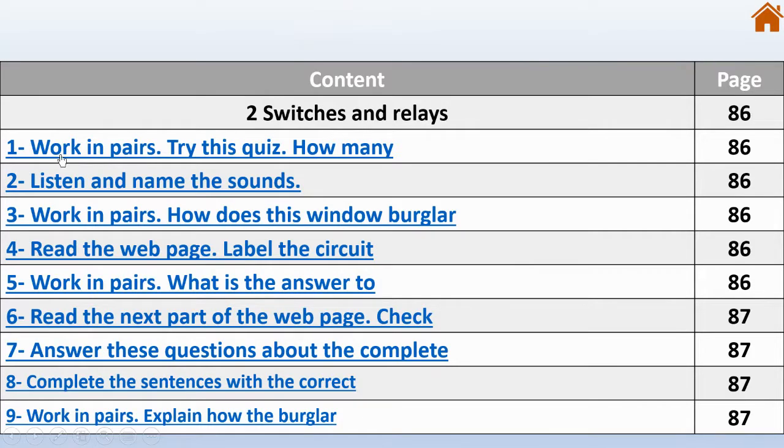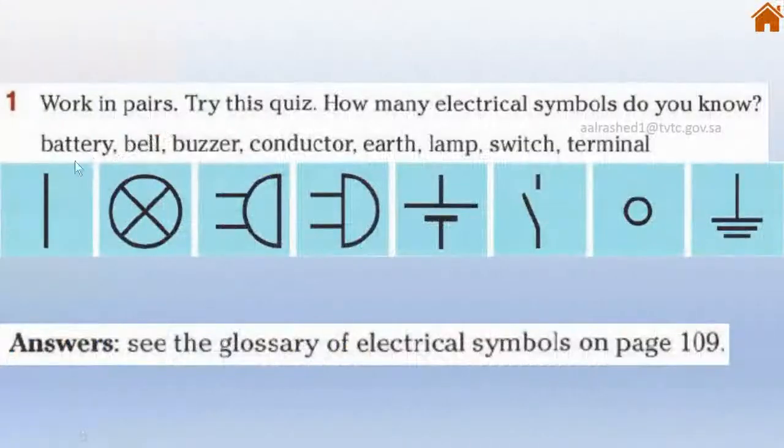Okay, see number 1. In this exercise, we'll go through these symbols and try to identify their meanings. These symbols can be found in the electrical circuit. The electrical circuit is like a plan that describes how a device could utilize the electrical source.